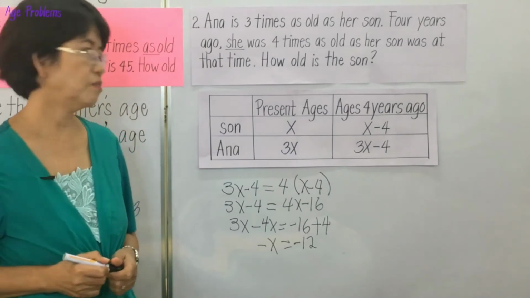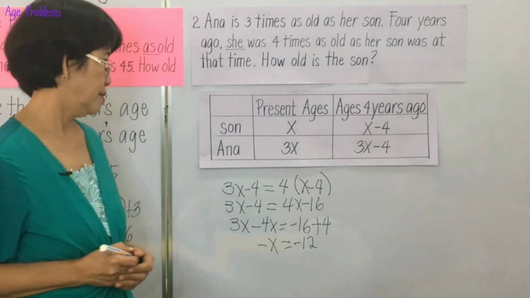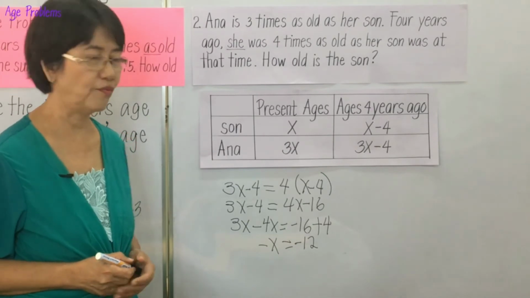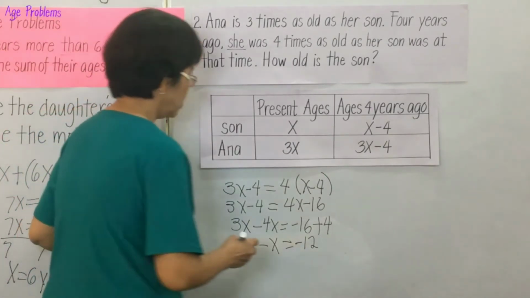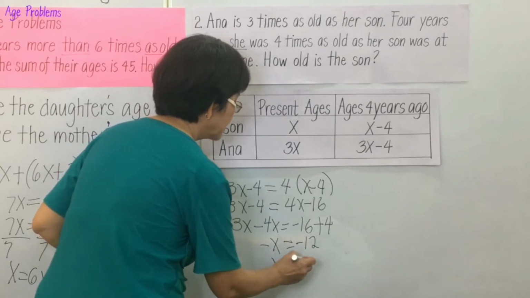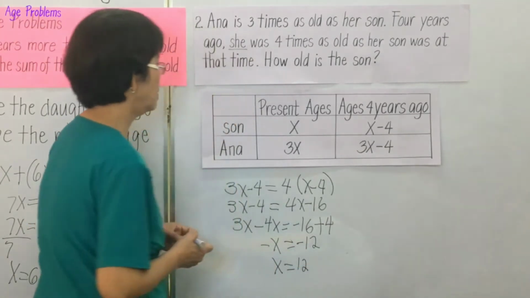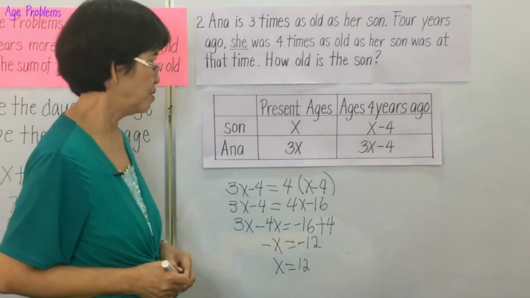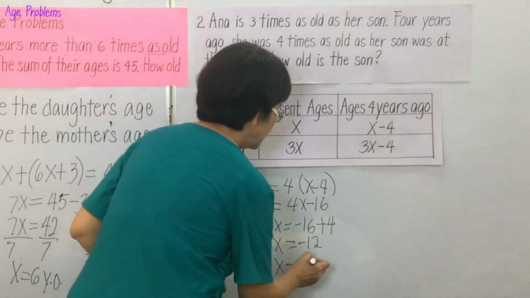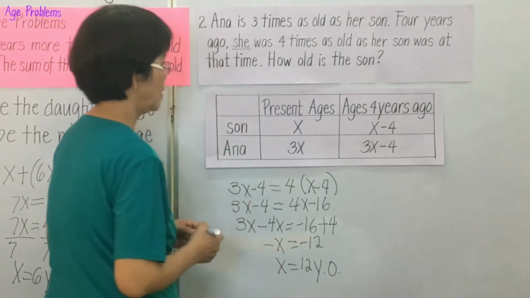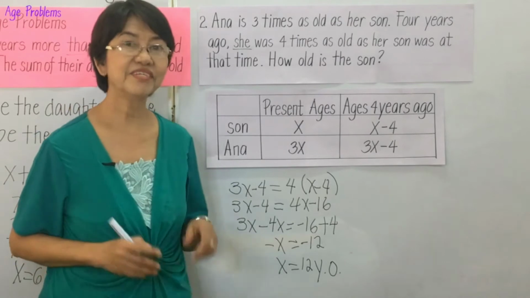So dividing both sides by negative 1, or multiplying both sides by negative 1, we have x is equal to 12. So the age of the son is 12 years old. Okay, I'll leave the checking to you.